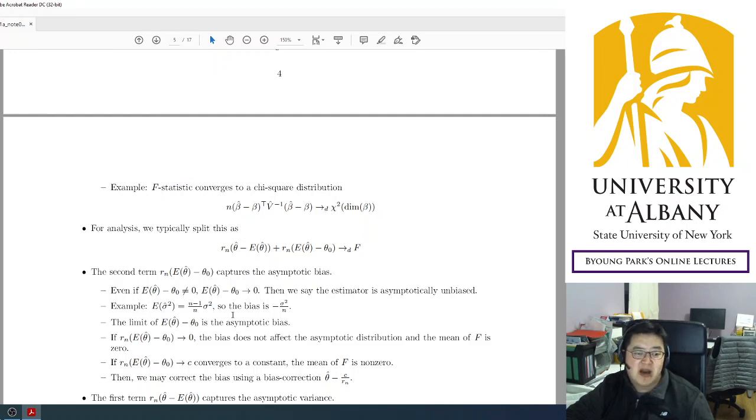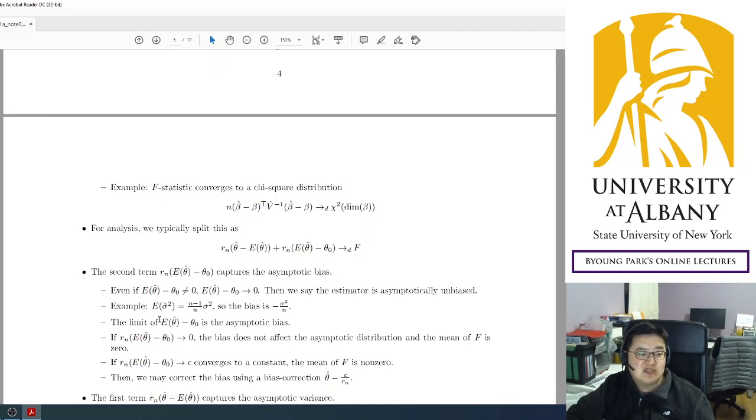So the bias is given by this, which converges to 0 in the end. So usually it does not matter. And if it does not go away, then we call that the asymptotic bias, which is really bad. So asymptotically biased is a bigger problem.